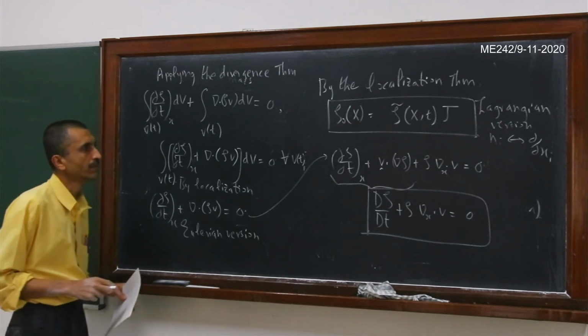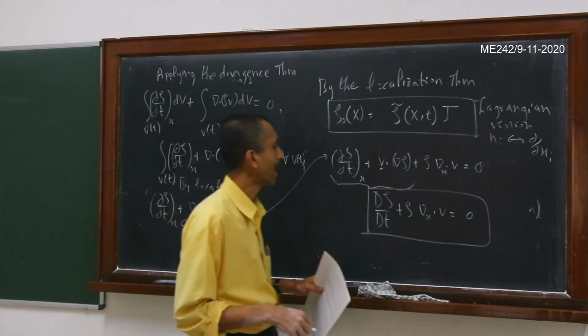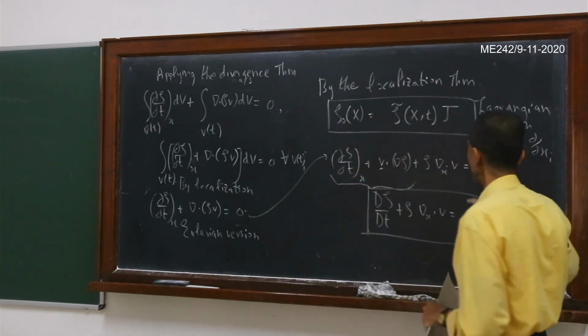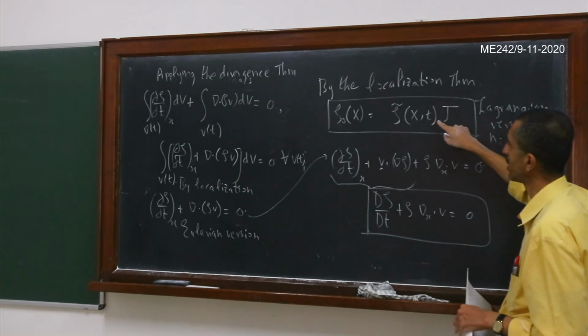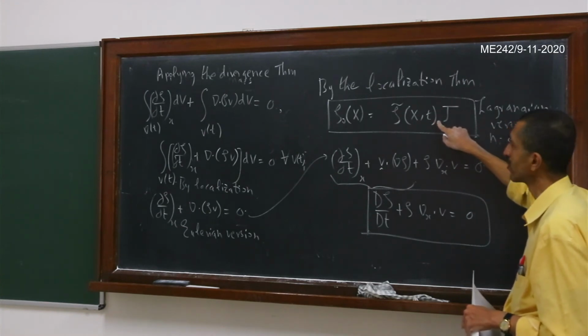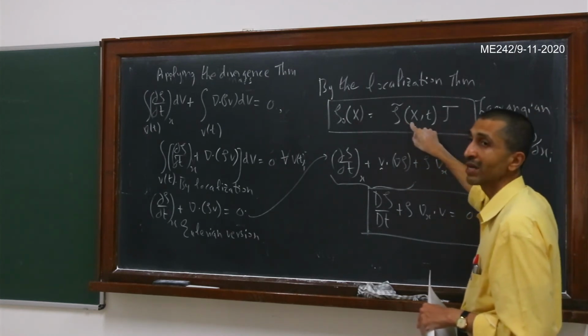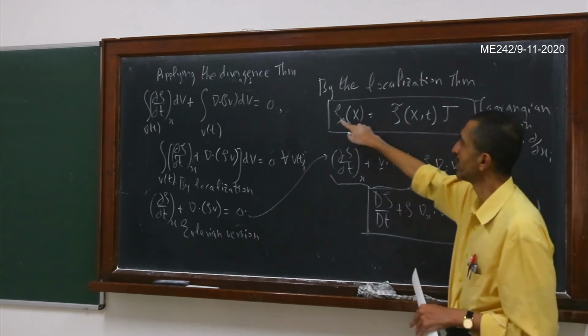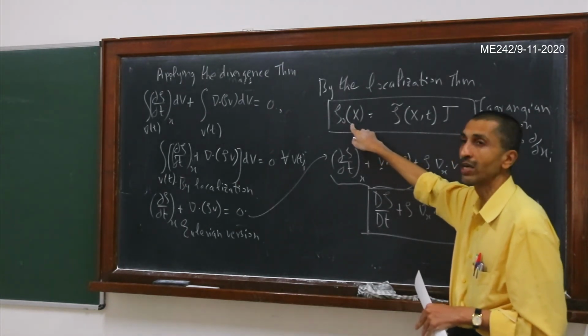So as I was saying, you can go back and forth between this Lagrangian version and this Eulerian version. All you have to do is differentiate this with respect to time, keeping capital X fixed. Try this on your own. The derivative of this part will be 0, because it is not dependent on time.